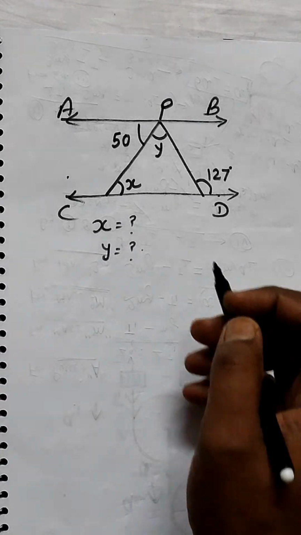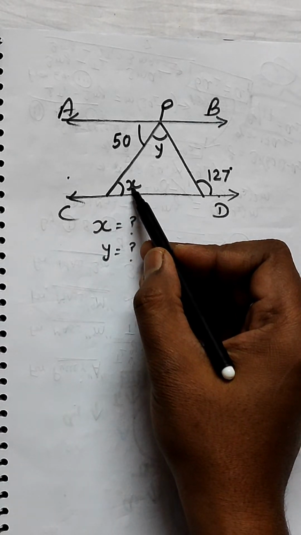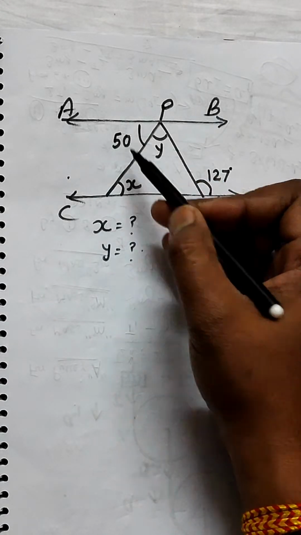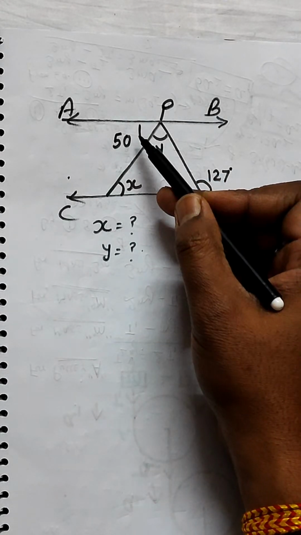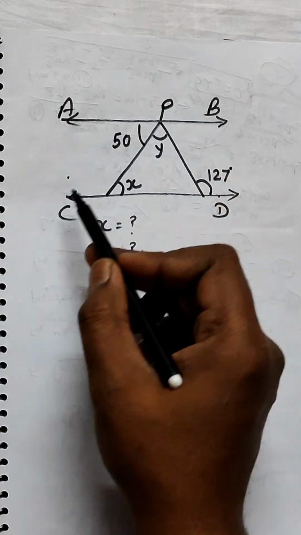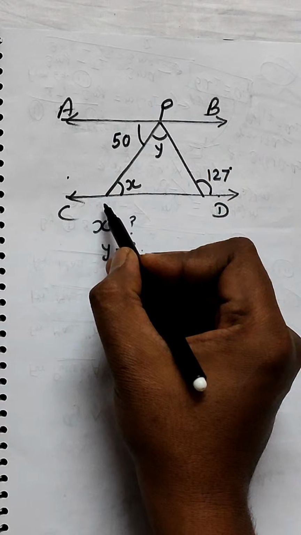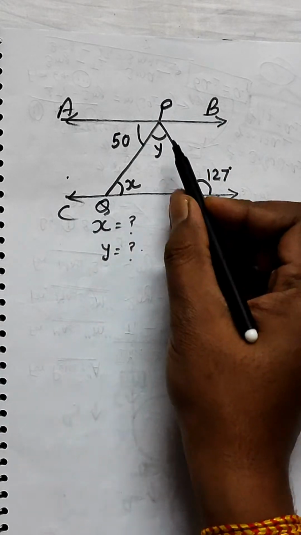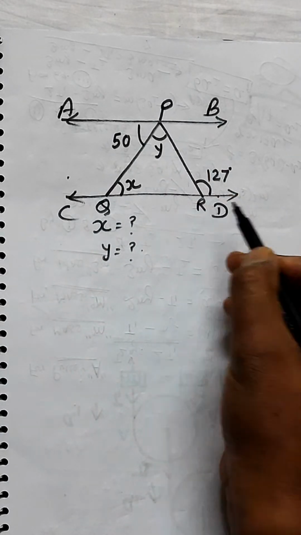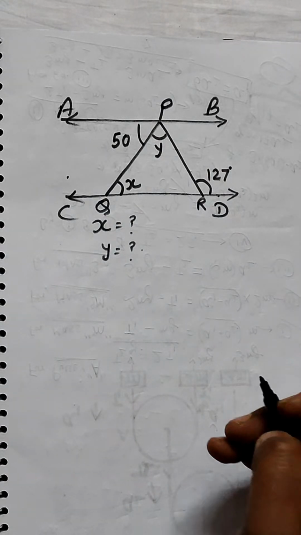Now we need to calculate the value of x and y, right? Here you can say angle x is equal to angle 50. Why? Because AB and CD are two parallel lines, and let's say PQ is a transversal, PR is also a transversal, right?